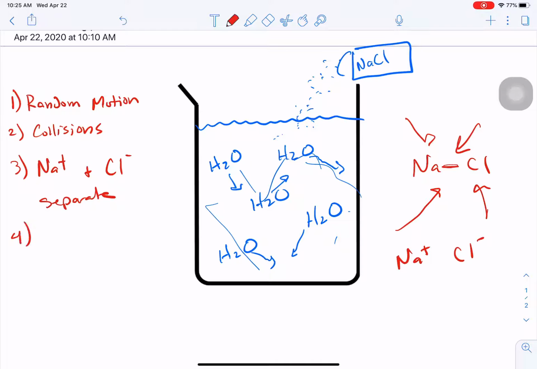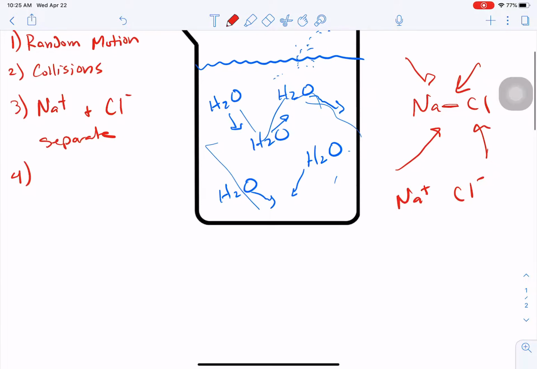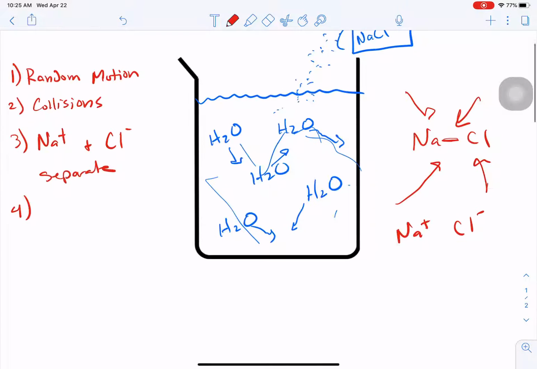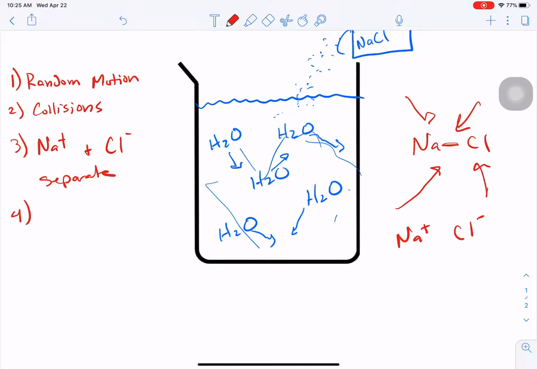Now, in order for something to stay dissolved, those Na pluses and Cl minuses have to stay separated. Because if they get back together, guess what's going to happen? They're going to reform back into NaCl, just like that. So what water has to do is keep them separated. Okay, now, how do they do that?